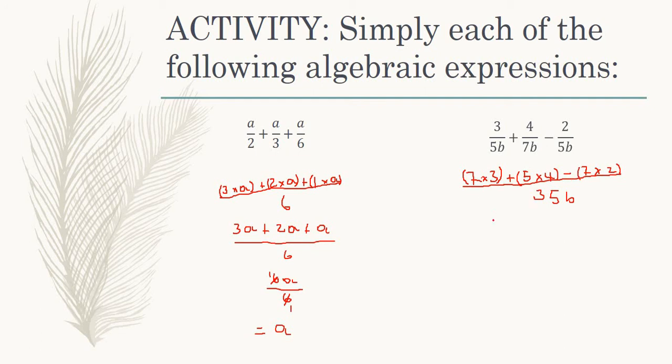So 7 times 3 is going to give us 21. 5 times 4 is going to give us 20. Put back our minus sign. And then 7 times 2, that's going to give us 40. And all of this should be placed over our common denominator of 35b.